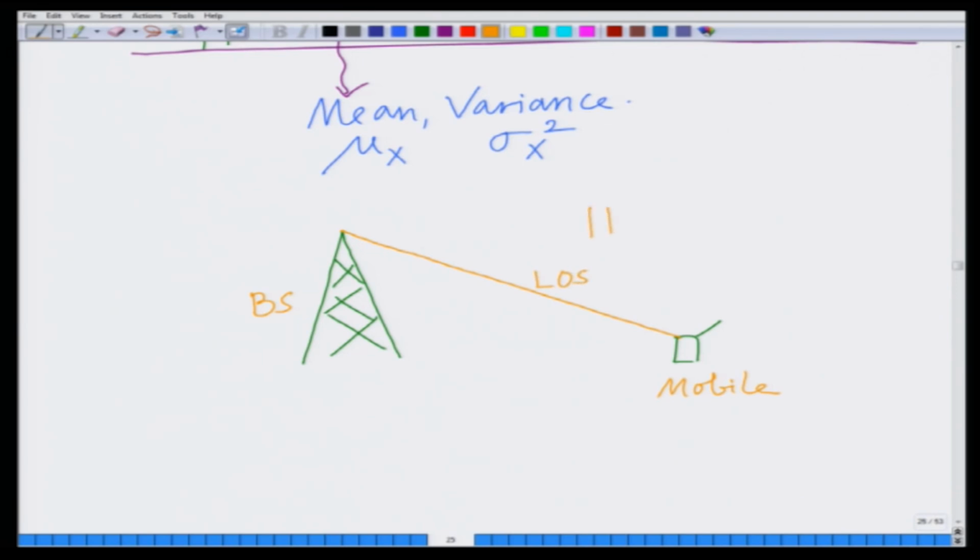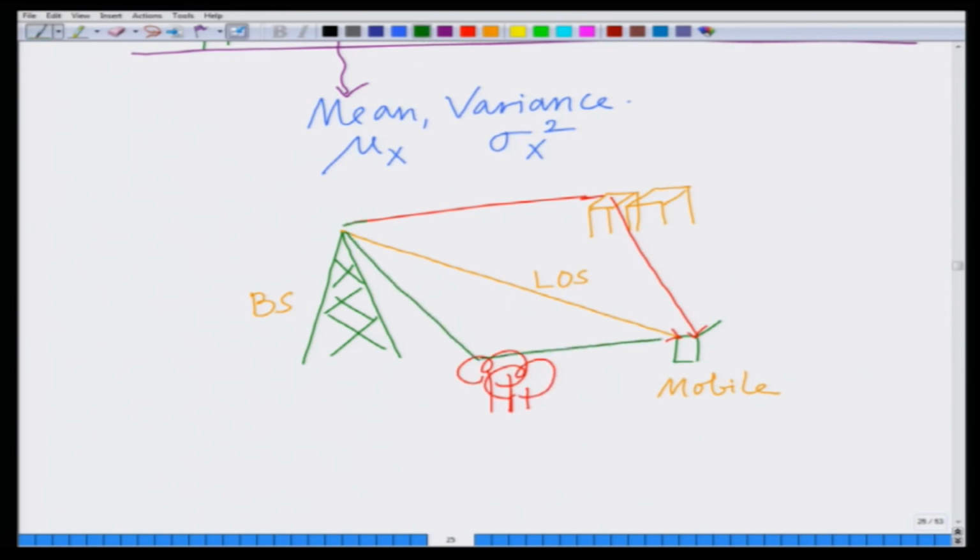mobile, and because of reflectors there are several scatter components because of obstructions such as buildings etc. in the wireless environment. There are several non line of sight components. For instance, let us take an environment that corresponds to trees. So, I have non line of sight components as well.